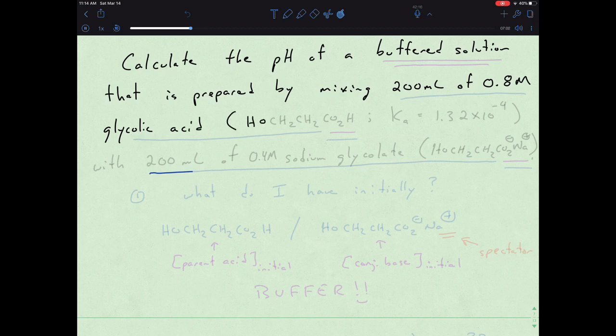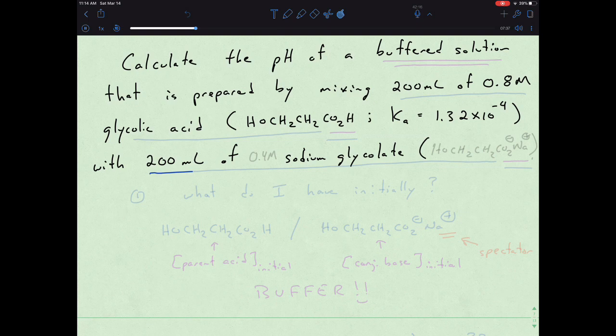Glycolic acid has this structure. Glycolic acid also has a Ka equal to 1.32 times 10 to the negative fourth. So we're mixing 200 milliliters of 0.8 molar glycolic acid with 200 milliliters of sodium glycolate.